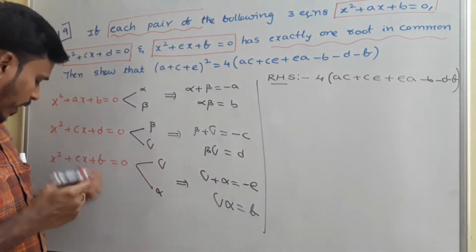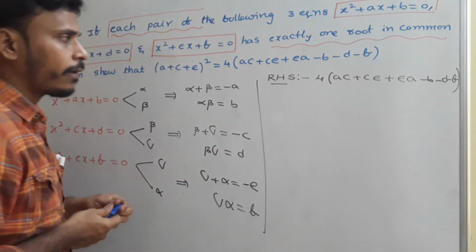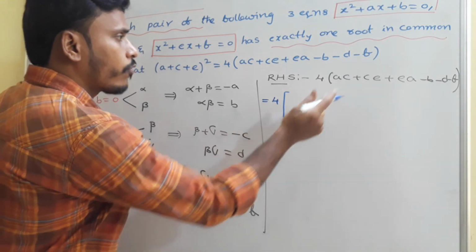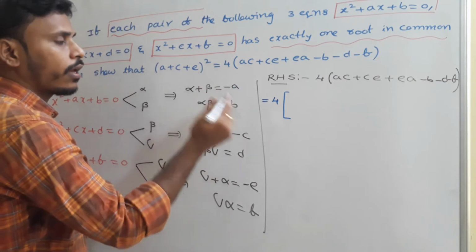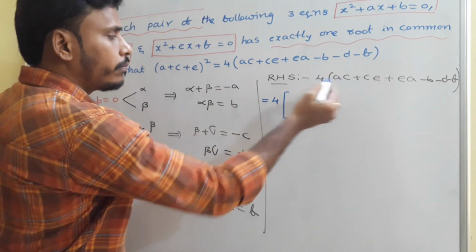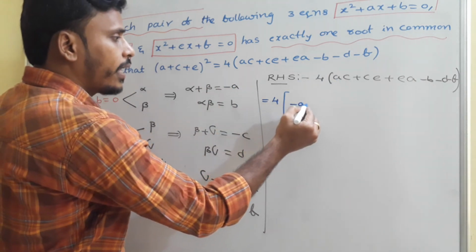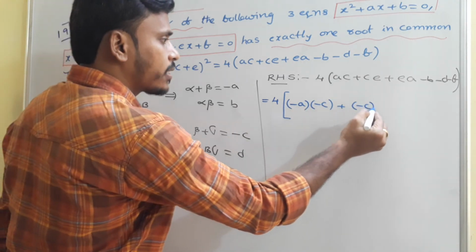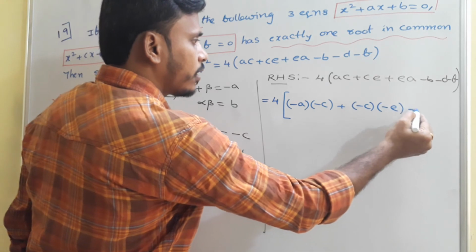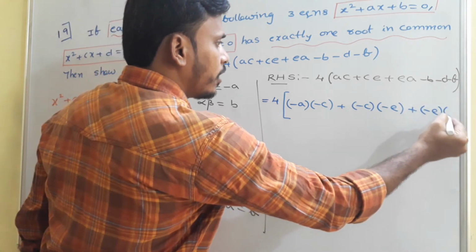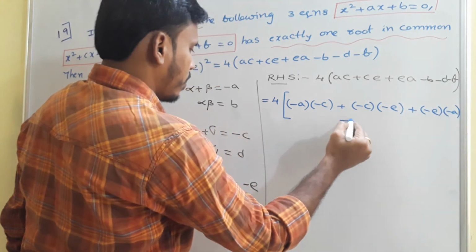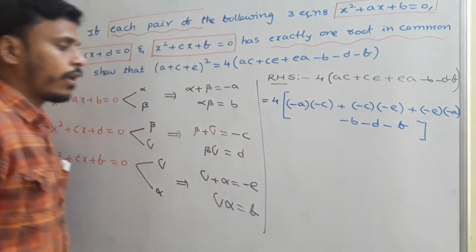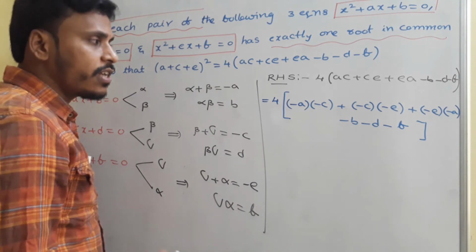So I will rewrite it like this. Just look there. This is equals to 4 times of A into C. So you may rewrite that minus A into minus C plus minus C into minus E plus minus E into minus A minus B minus D minus F. We have BDF, we have ACE, everything we have.